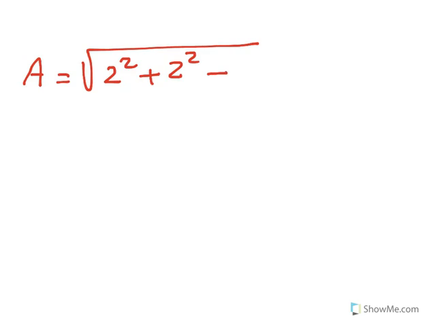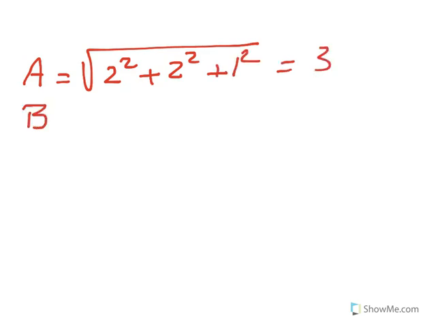So now remember that A, which was 2i plus 2j plus k, I want to find the magnitude of A. Remember, I take each component, I square them. 2 squared plus 2 squared plus 1 squared. So that becomes 3.